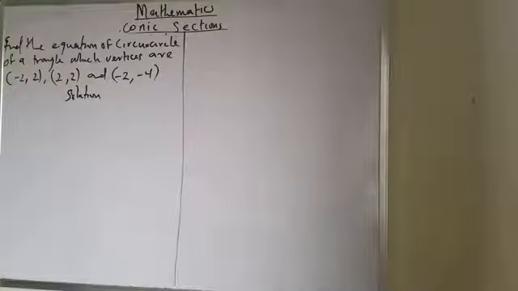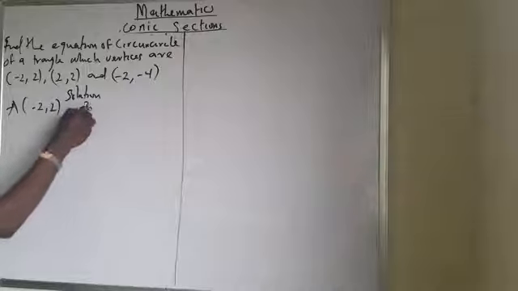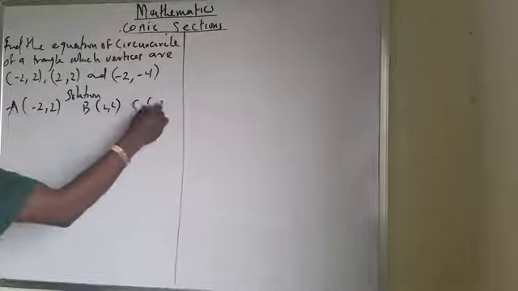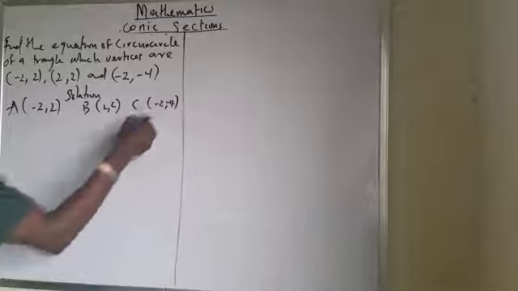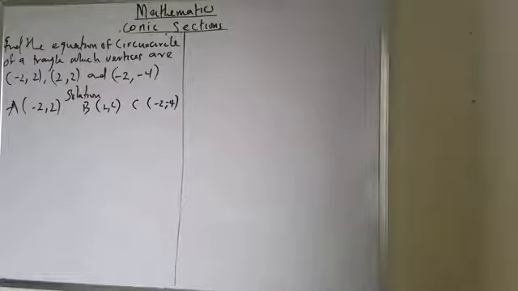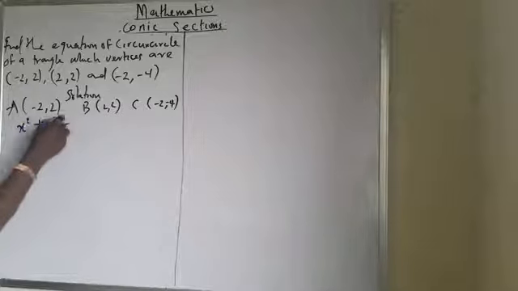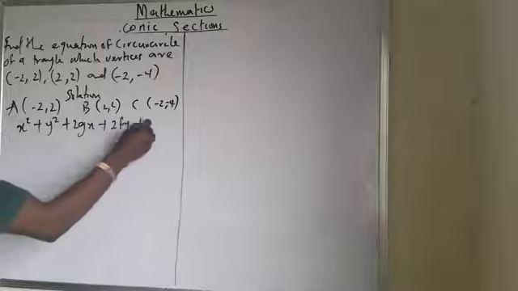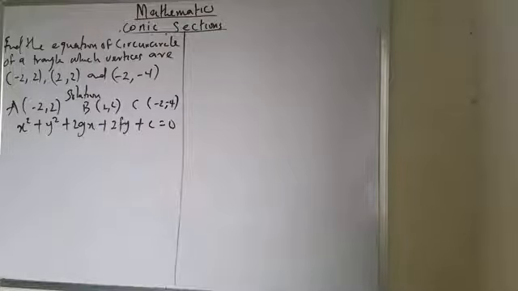Now, I have A, which is minus 2, 2, B, which is 2, 2, and C, which is minus 2, 4. We all know that the equation of a circle is x squared plus y squared plus 2gx plus 2fy plus c equals 0.